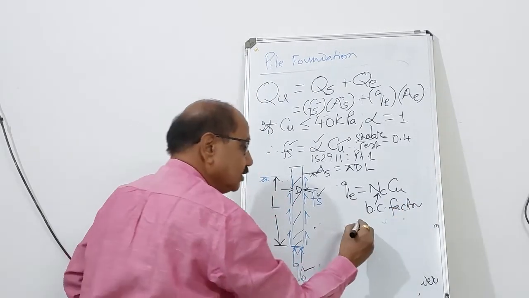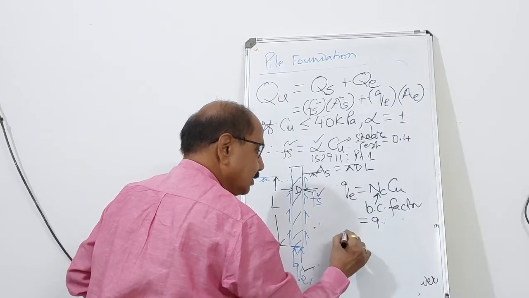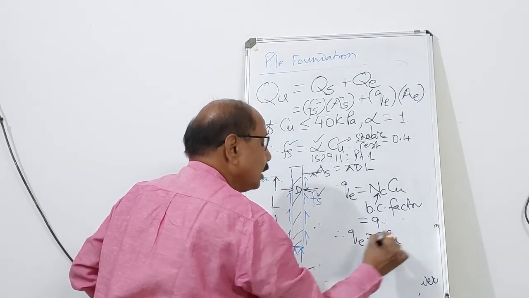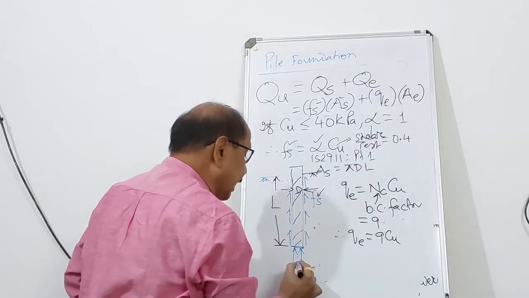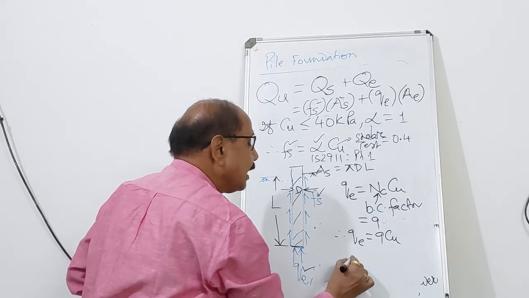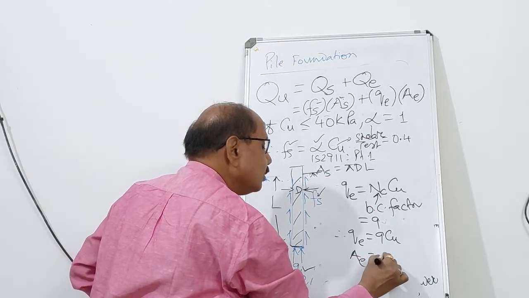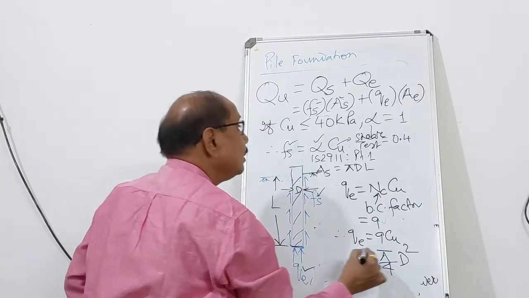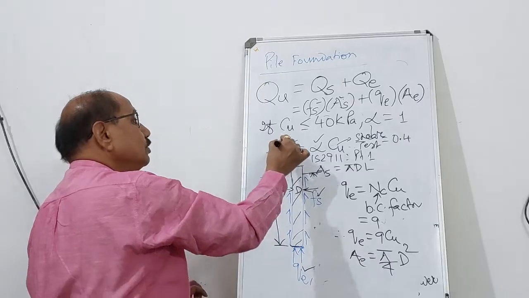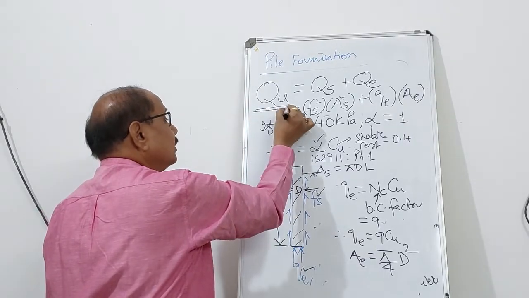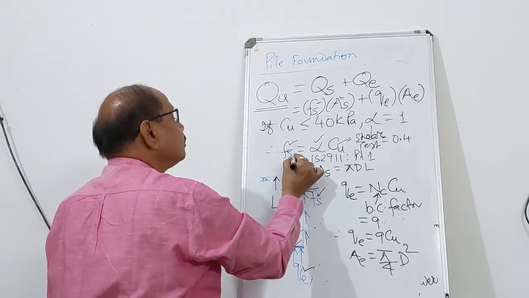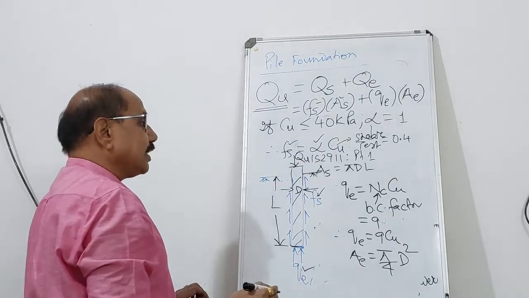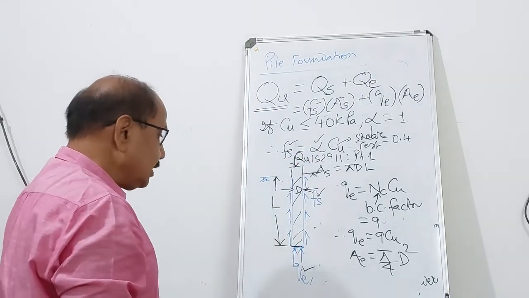Pile is a deep foundation, and that is equal to 9. Therefore, QE equal to 9 times Cu. And the area at the pile tip, for a circular pile, will be pi by 4 d square. So all quantities being known, you can compute the ultimate load carrying capacity of this pile.